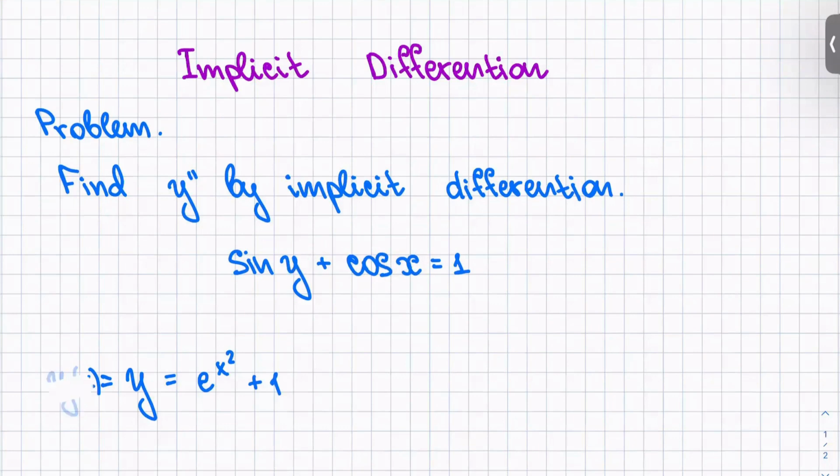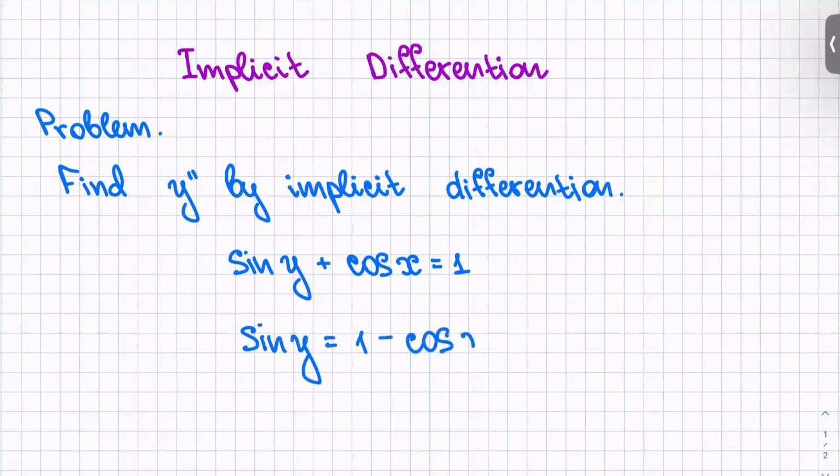If we want to get an explicit representation for y, first of all we can take sine y equals 1 minus cosine x. We move the cosine to the right-hand side, so we get rid of cosine x in the left-hand side, and now we have only sine y on the left.